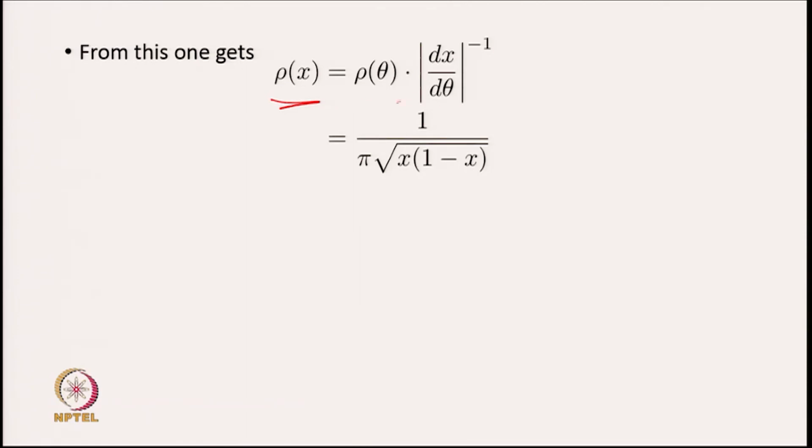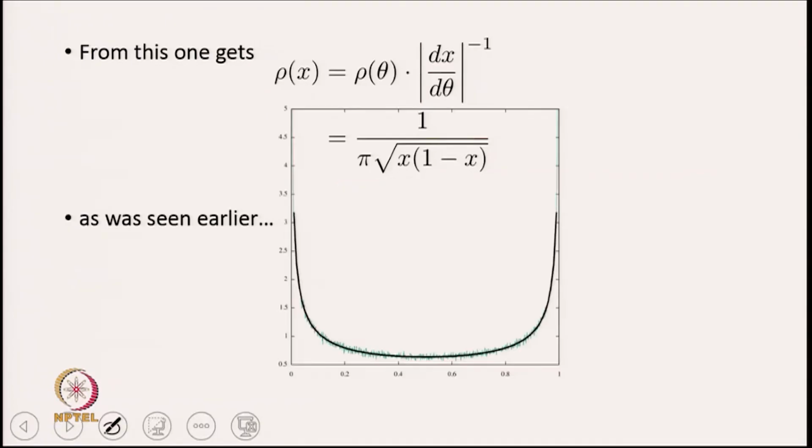So, rho of x is given by rho of theta divided by dx by d theta, and doing the little algebra you get that this is just equal to 1 over pi root x into 1 minus x. And we have already seen that in the map earlier. We saw that the numerical exploration also gave you this very nice verification of the same formula.